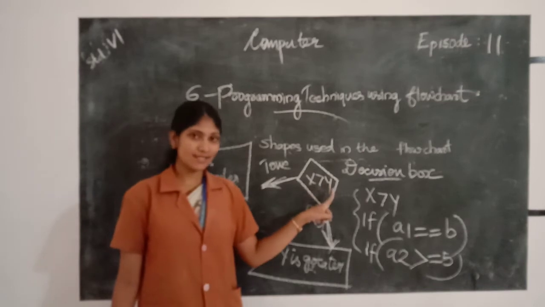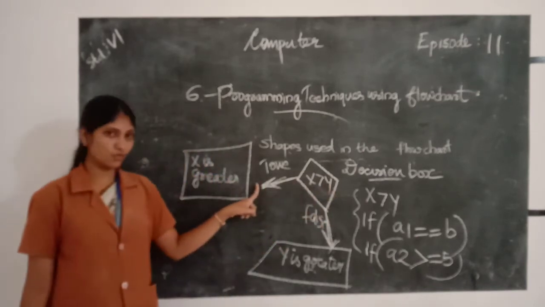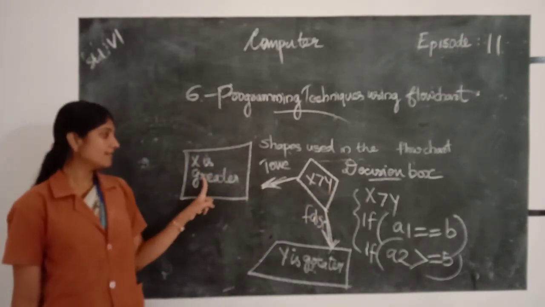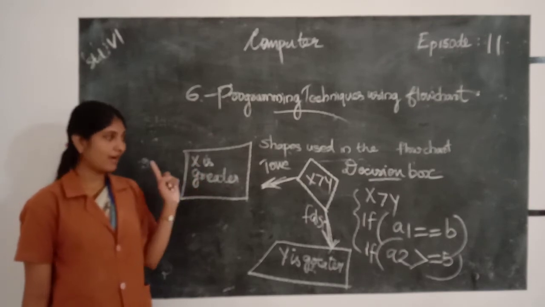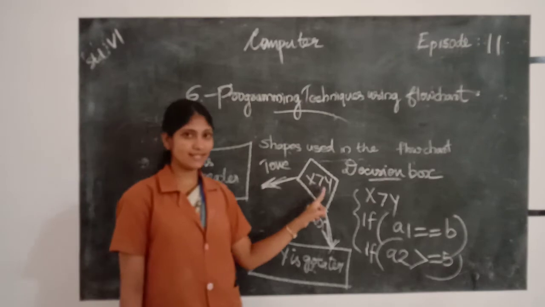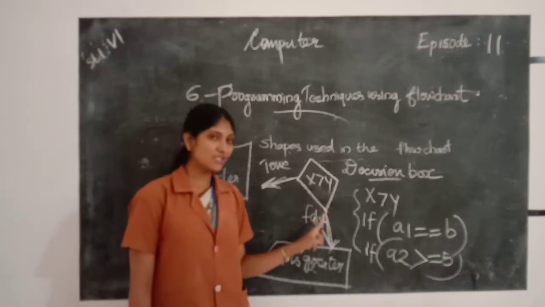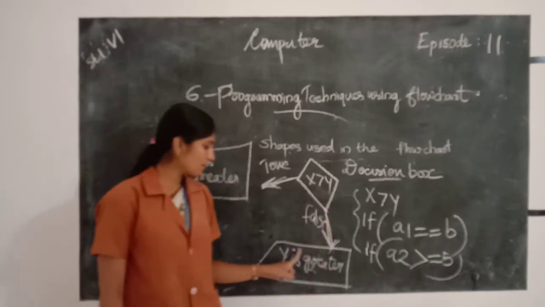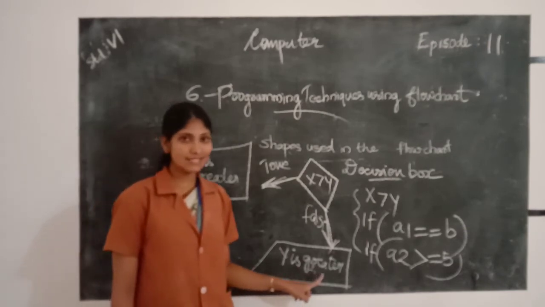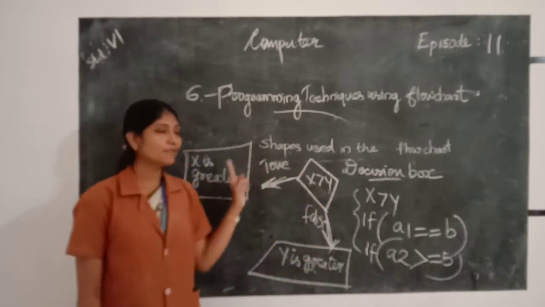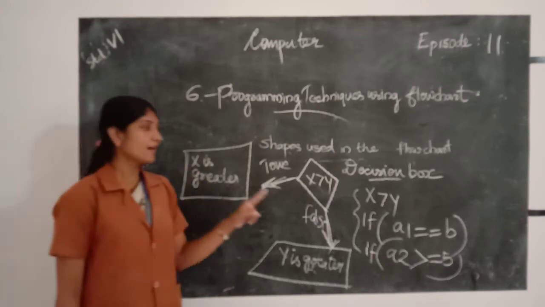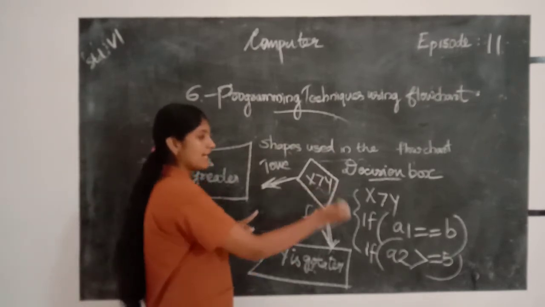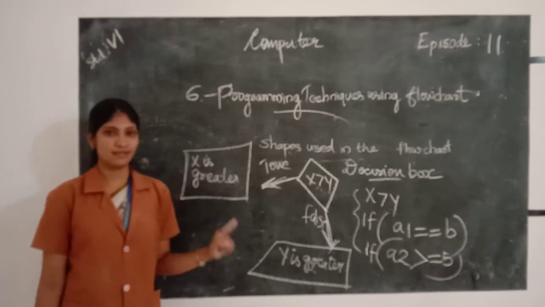If x greater than y, it goes to the true condition, and then the result is x is greater. Otherwise, that means x less than y, that means the condition is false. The printing statement is y is greater. So this type of decision problem will be written inside this decision box.